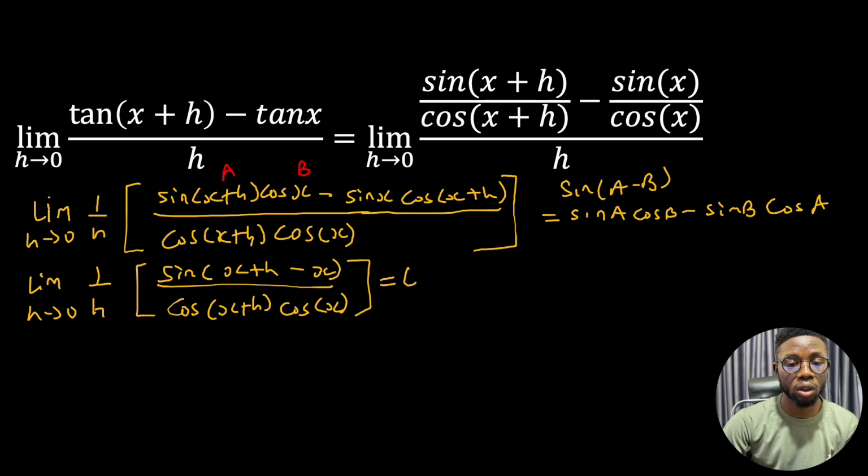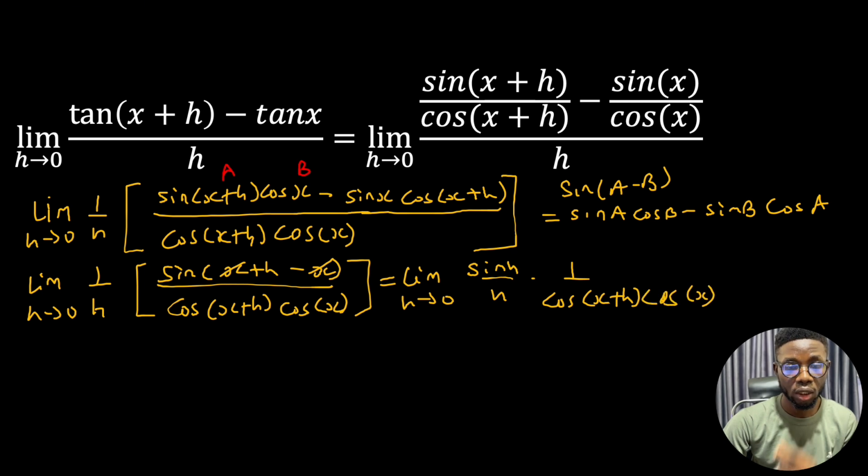So I would just do this right here. Since this and this go, and I have sine h left here, I want to pair that with 1 over h here. So that would be sine h divided by h multiplied by 1 over cosine of x plus h multiplied by cosine of x. Now the next thing I'm going to do is split this limit.